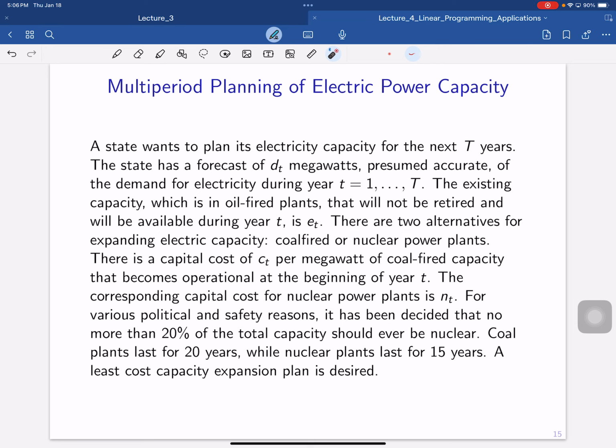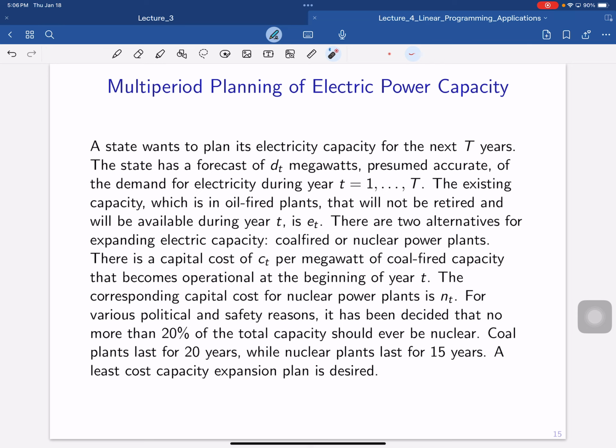The problem here is, let's say a state has a forecast of DT megawatts. For example, the demand will keep growing. You can think about the time T as a year. From now to 2050, we need a plan to expand the generating capacity of the electric power system.